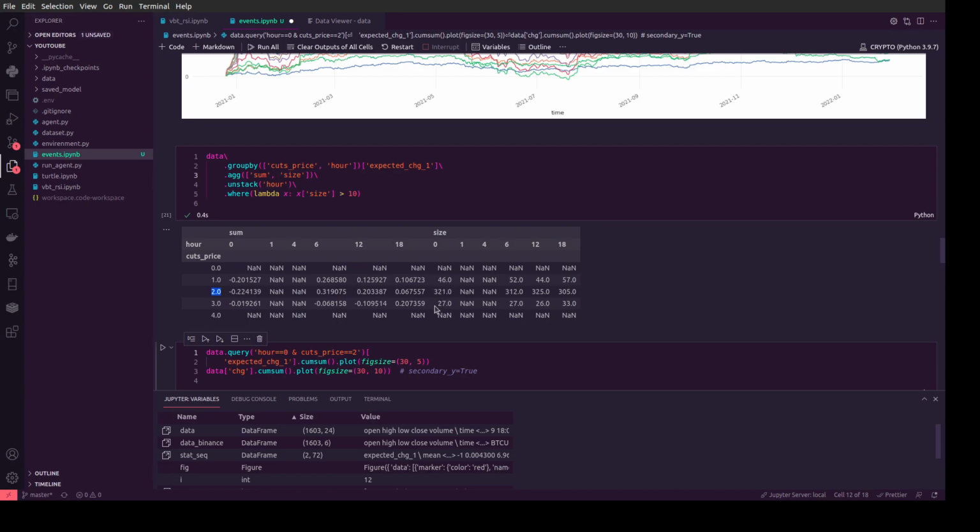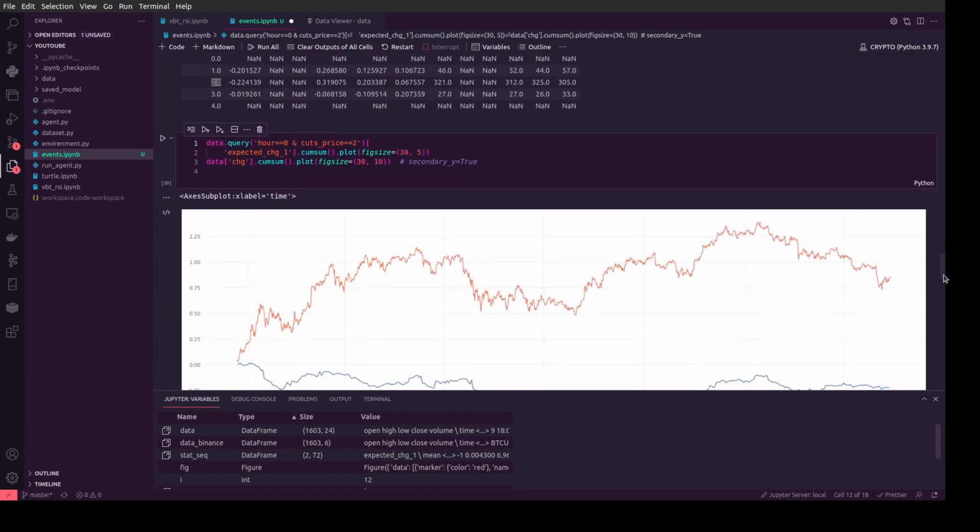But in this case, for example, when we have hour 0 and cuts price is 2, we have more than 300 observations. I think it's enough data to build some hypothesis, and we could check it.